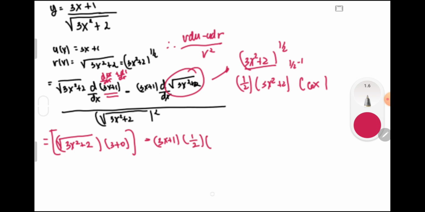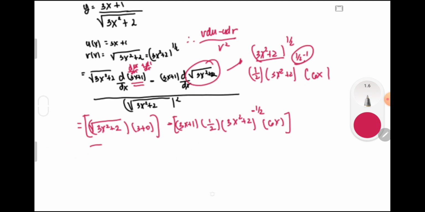So multiplied by our 3x squared plus 2 raised to 1 half minus 1, which is negative 1 half, multiplied by our 6x. Okay? So divided by our square root of 3x squared plus 2.